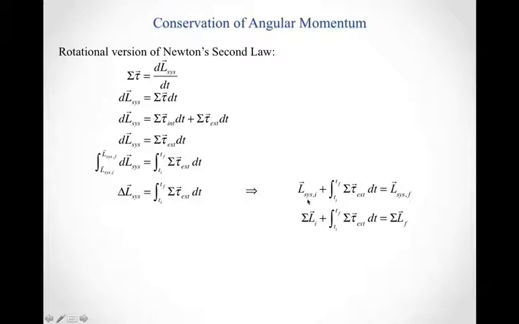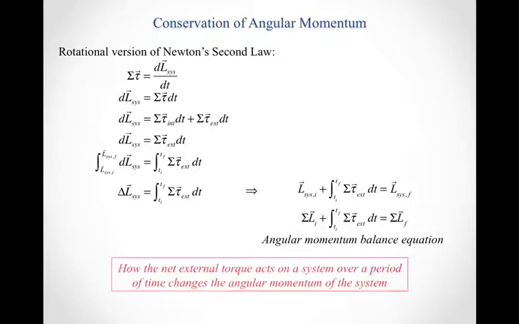So calculating the initial and final angular momentum of your system is just a vector addition problem. What we've got here is an angular momentum balance equation, and it's telling us how the net external torque acting on our system over a period of time is going to change the angular momentum of the system.